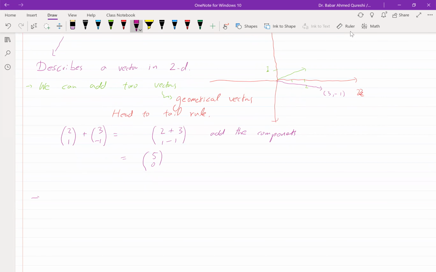Then there's another operation on these geometrical vectors, which is that you can change the length. Or you can say that you can scale the vectors. If I have this vector, I can double its length or triple it if I want.